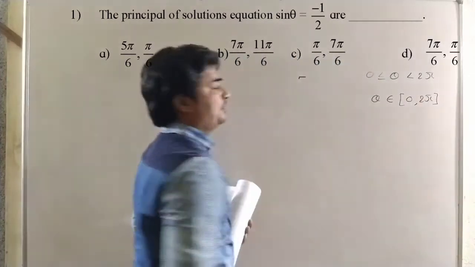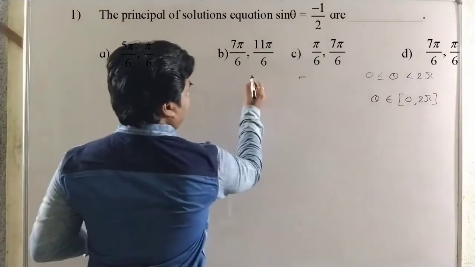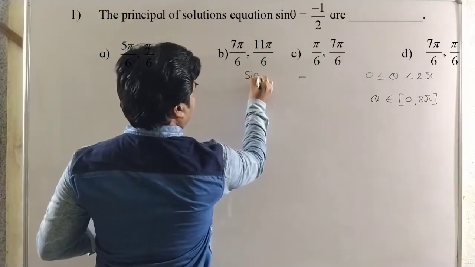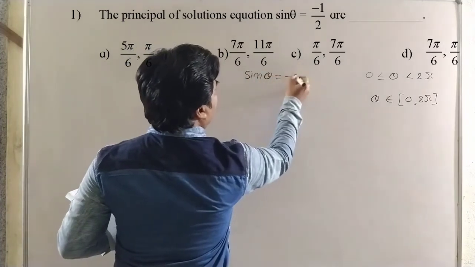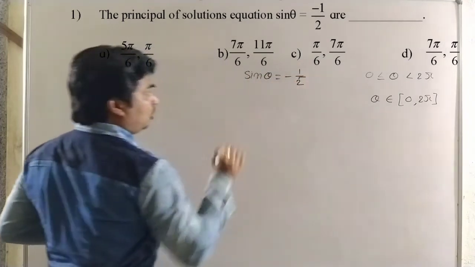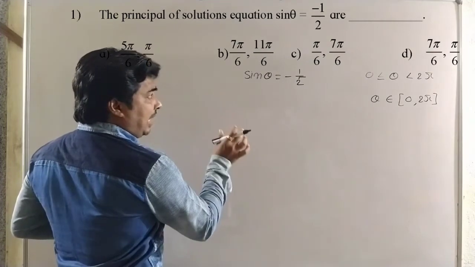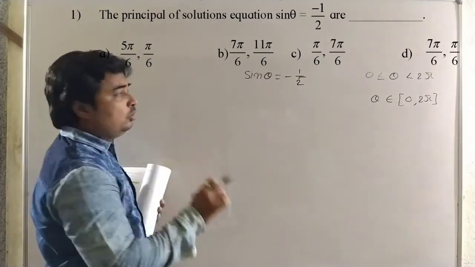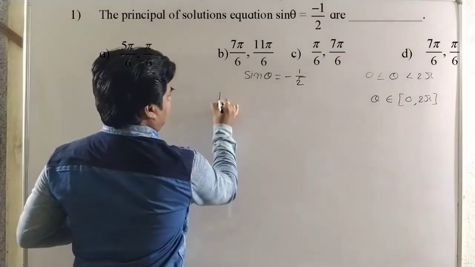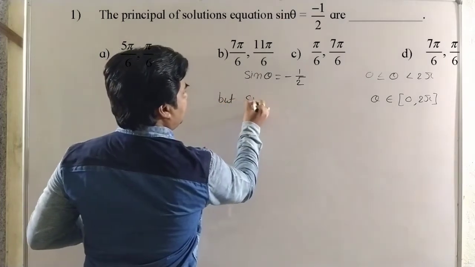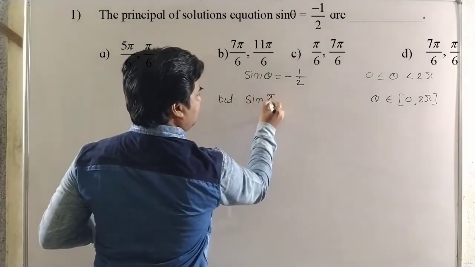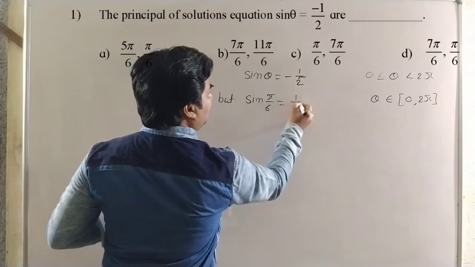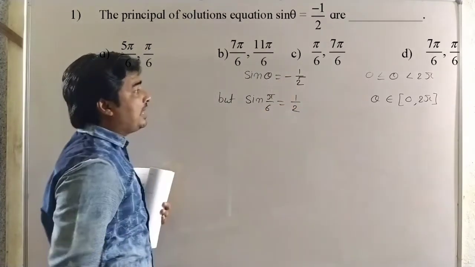See carefully. Here it is given that sine theta is equal to minus 1 by 2. We know that for the acute angle, 1 by 2 is the value of sine 30, that is sine pi by 6 is equal to 1 by 2, but here it is given as minus 1 by 2.